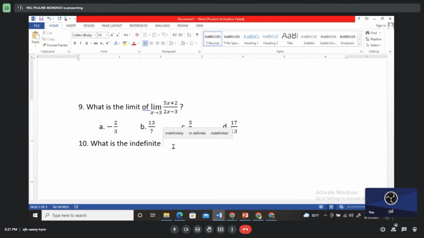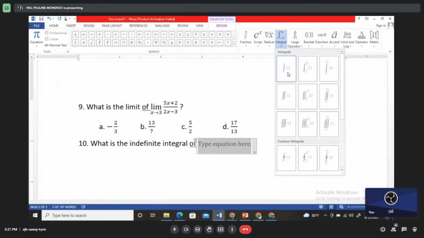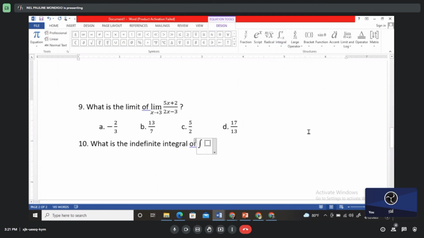Indefinite integral of. Since it's an indefinite integral, click insert equation, then find the integral sign, an indefinite one that has no values of a and b, and insert what is on our exam.